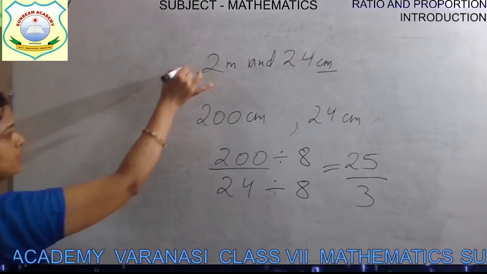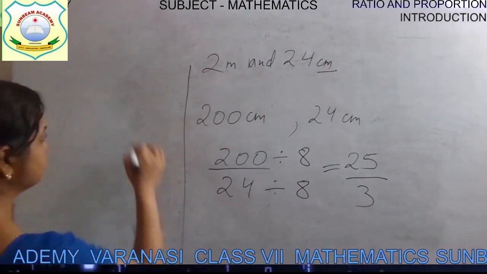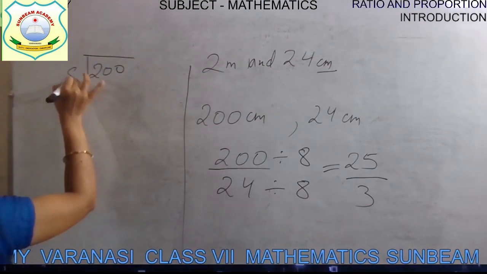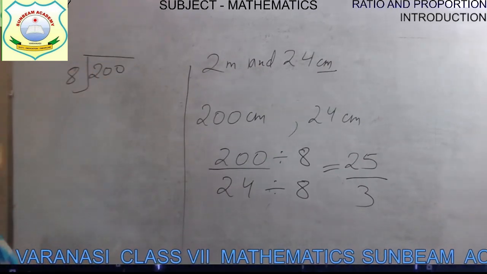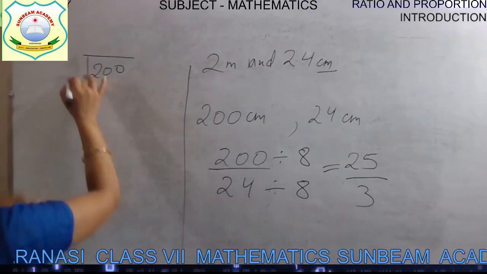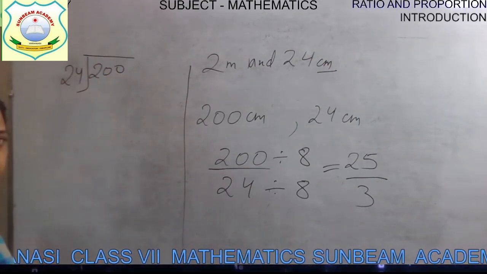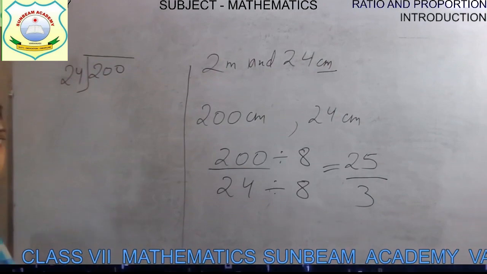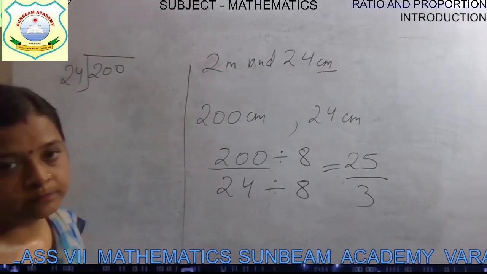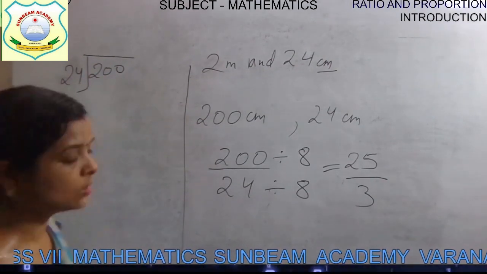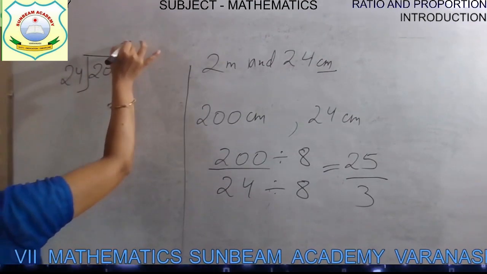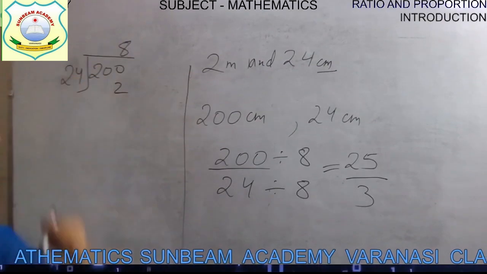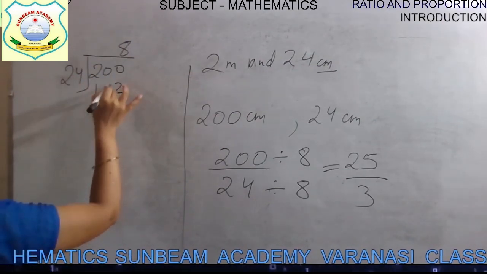How did you find the HCF, children? Come on. You have to divide 200 by which number? Not by 8, by 24, children. And now you have to proceed. Okay, 24, how many times? 8 times. 8 4s are 32. 3 is left. 8 2s are 16 and 19.